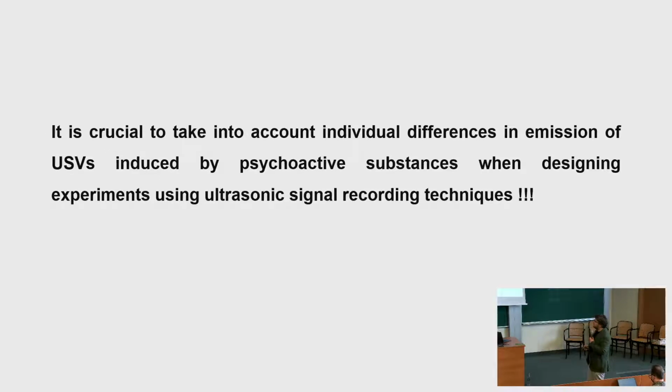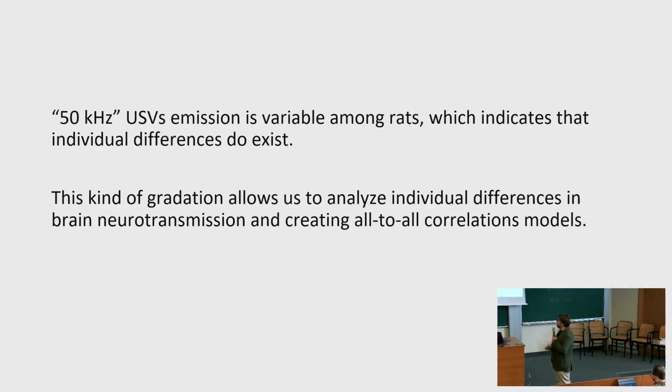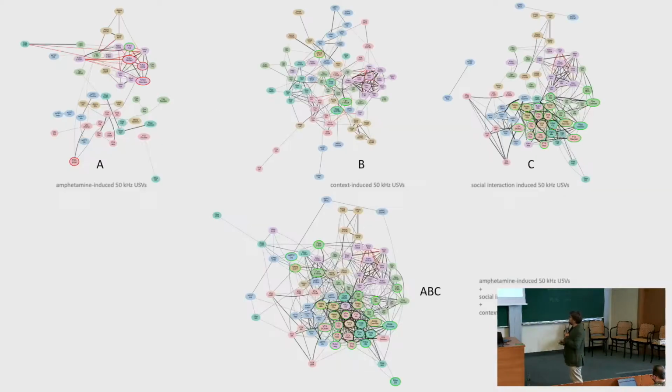All right, so it is crucial to take into account individual differences in emission of ultrasonic vocalization induced by psychoactive substances when you design an experiment using ultrasonic vocalization recordings. 50 kilohertz emission varies in rates, which indicates that individual differences do exist. And this kind of gradation allows us to analyze individual differences in brain neurotransmission and create all-to-all correlation models.